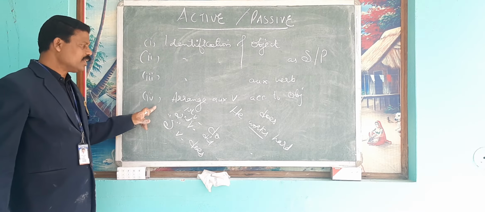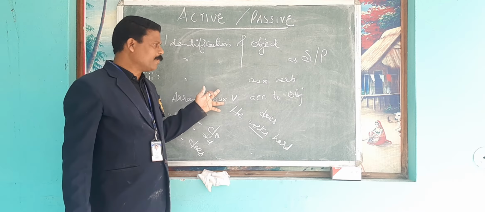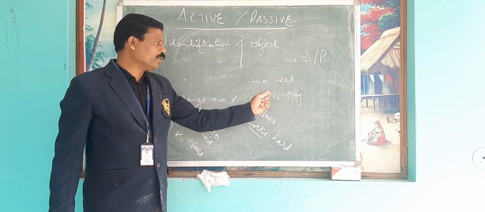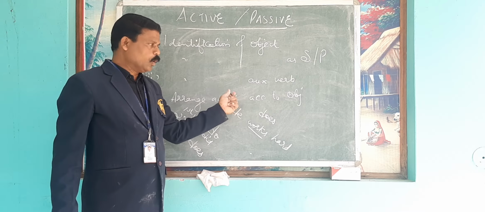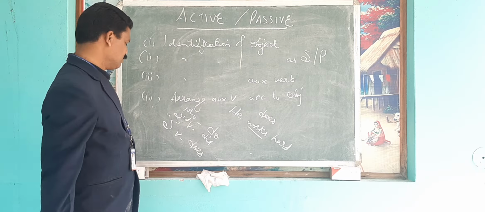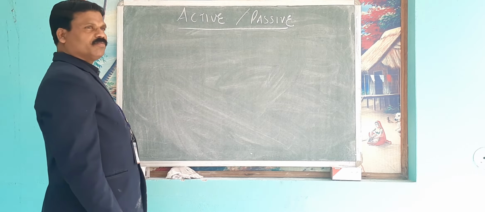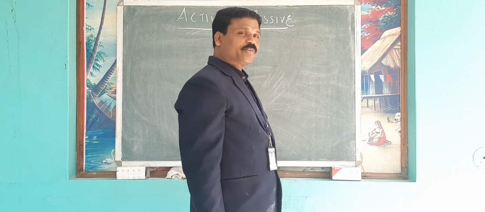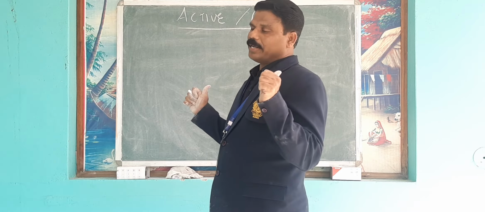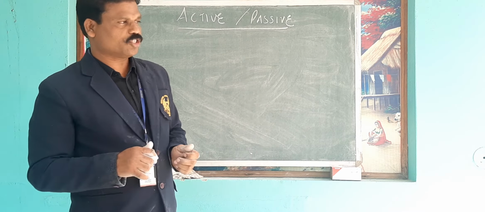And the fourth one, arrange auxiliary verb according to object. Object एकवचन है तो एकवचन auxiliary होगा. Object बहुवचन है तो बहुवचन auxiliary होगा. So we have learned that there are 24 auxiliary verbs. 11 primary and 13 modals.